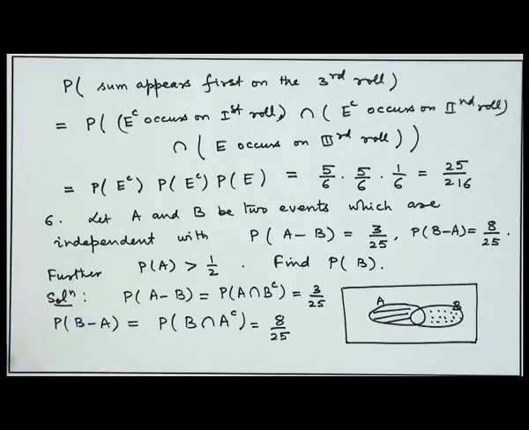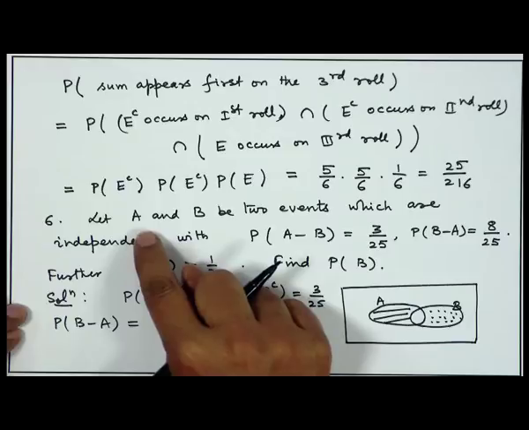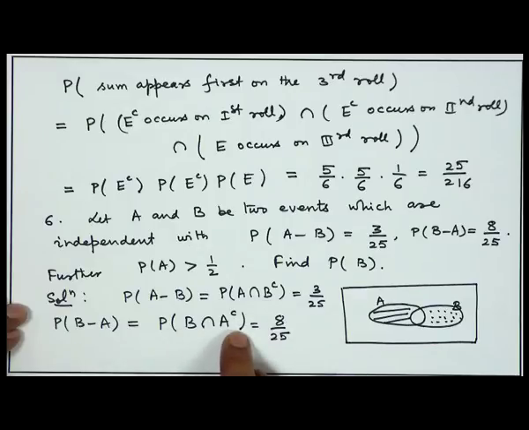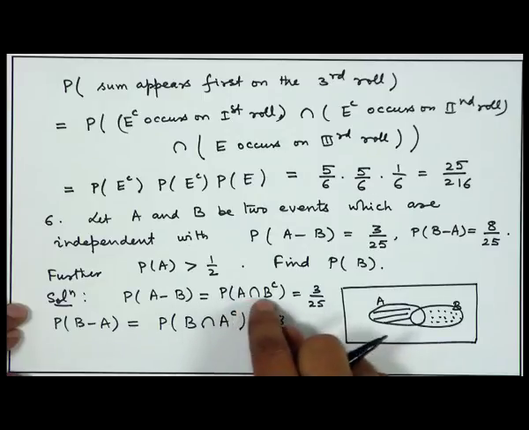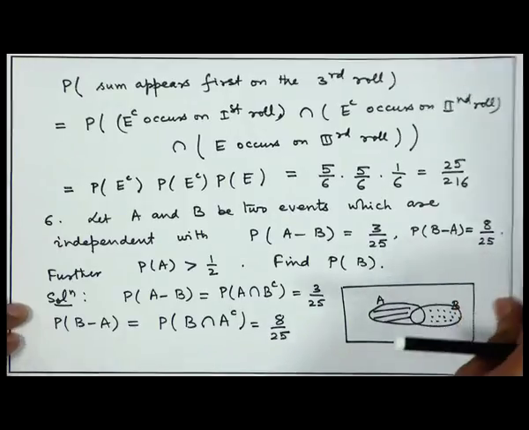Now, we will utilize the condition of independence. First of all I will prove that if A and B are independent, then A and B complement are independent and B and A complement are also independent, because then I can write these as the product of the probability of A and probability of B complement, and here I can write probability of B into probability of A complement. So, let us first prove this.